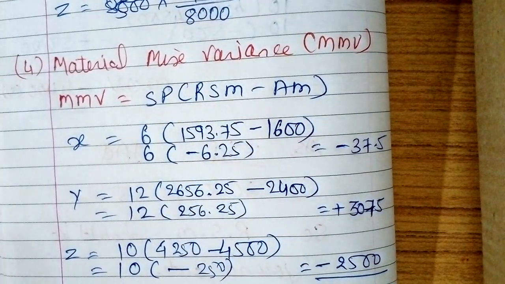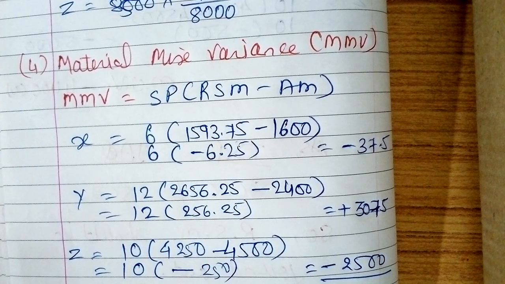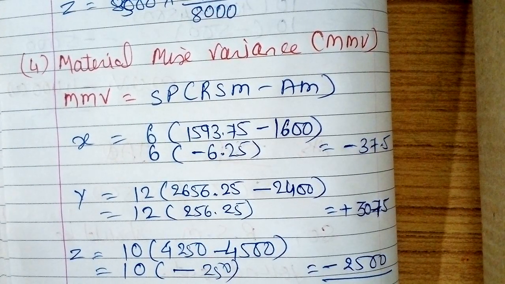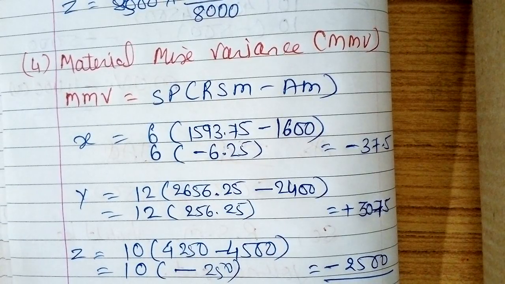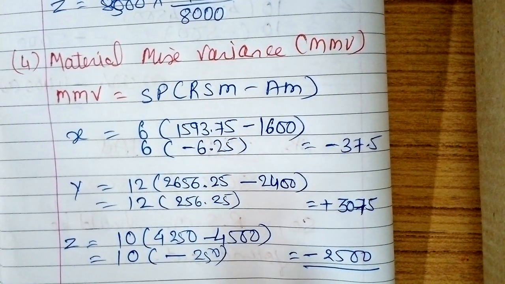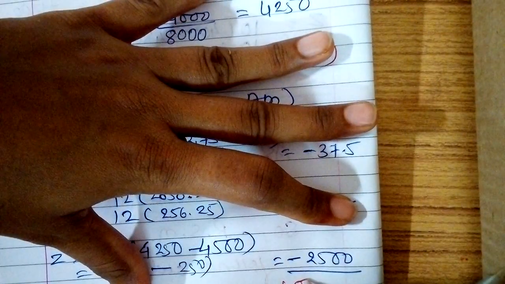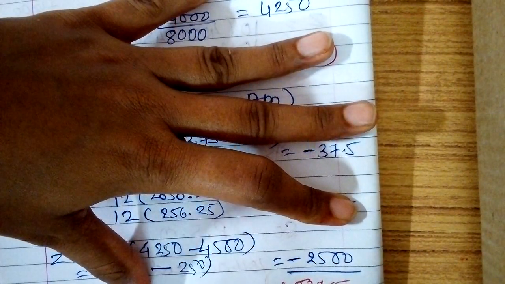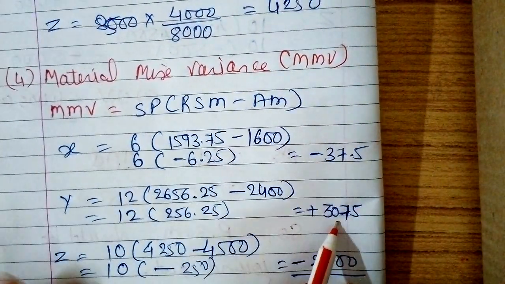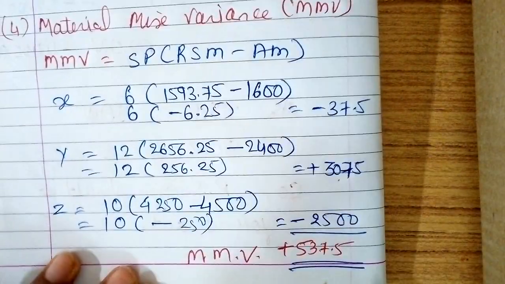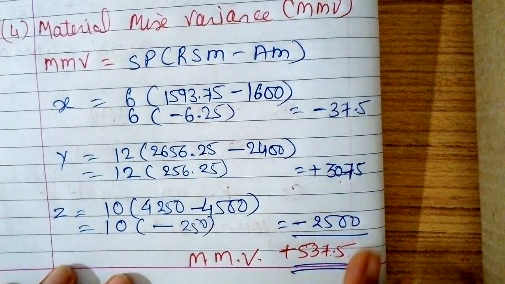So the final answer will be positive 537.5 material mix variance, because the positive amount is more than these two negative. So answer will be positive 537.5.